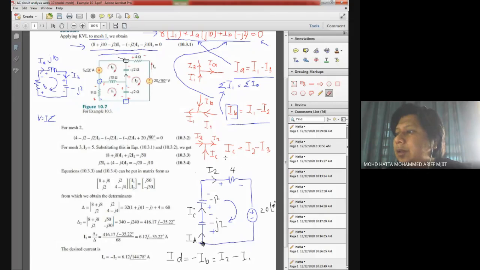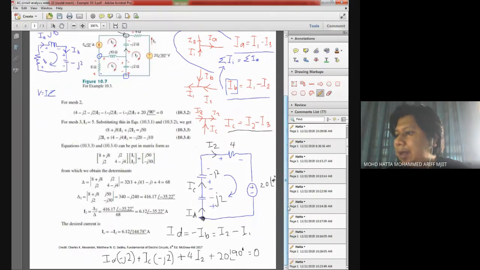So I have the equation of IC given by I2 minus I3 based on this node. Using that definition, IC and ID, I will substitute my IC down here, ID also can be substituted over here, and at the end, from this basic equation, finally I will get this final equation.